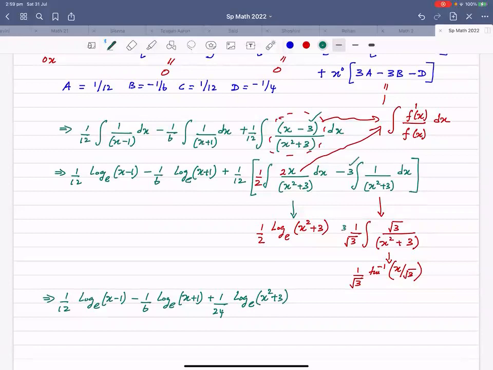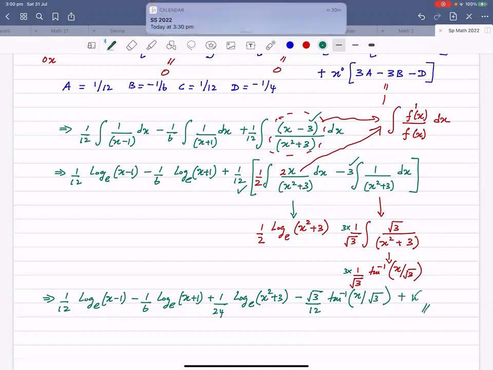So that 3 should come here and that 3 should come here. So it's going to be square root 3. So that's minus square root 3 divided by 12, because this 12 is counting here, right? Tan inverse x divided by square root 3. Okay. So, yeah, plus k, and that would be the answer.